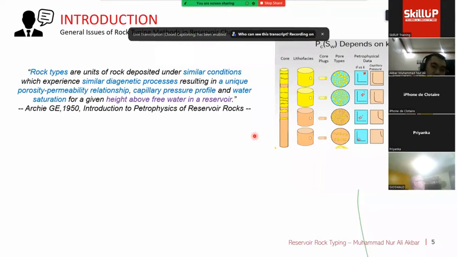Archie in 1950 already introduced the rock typing concept itself.